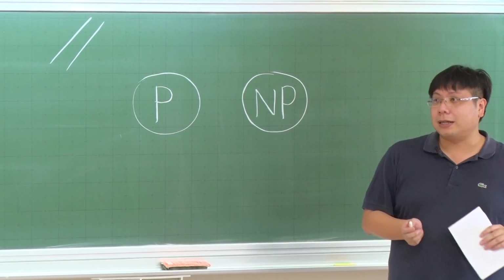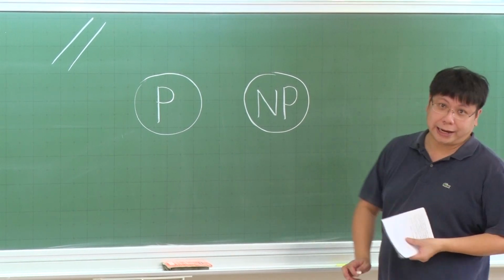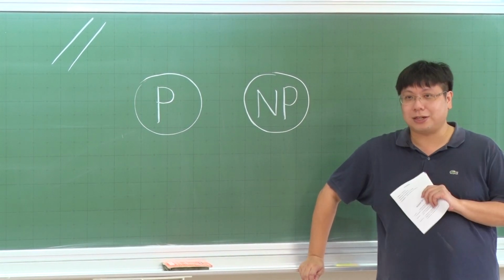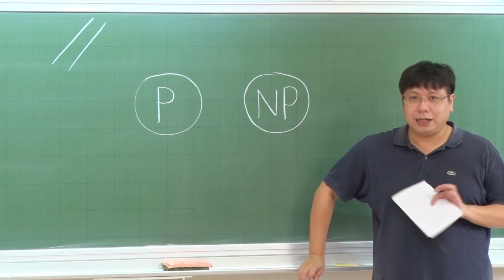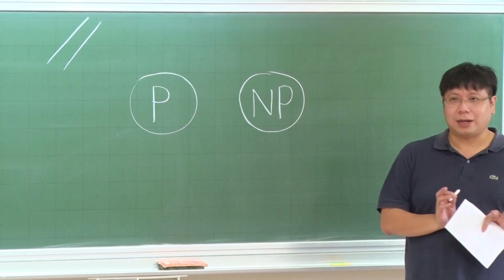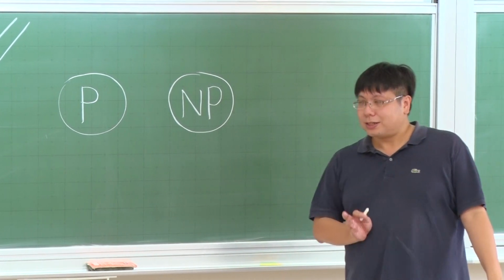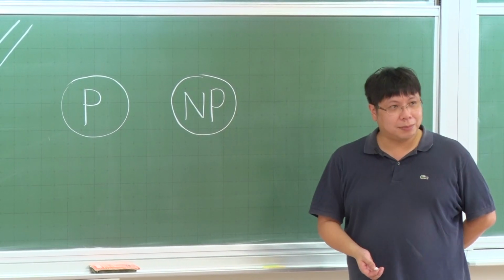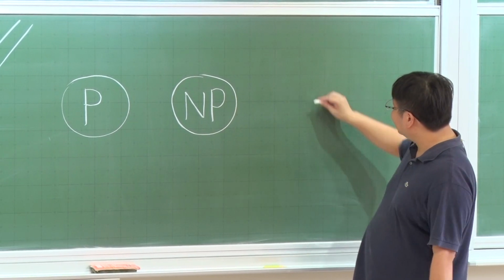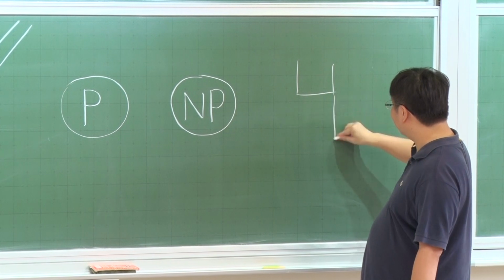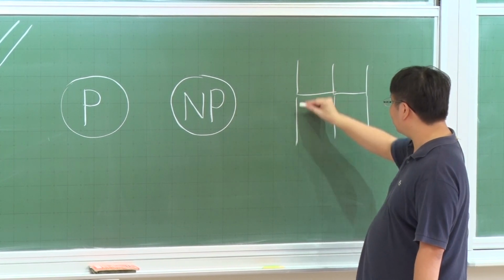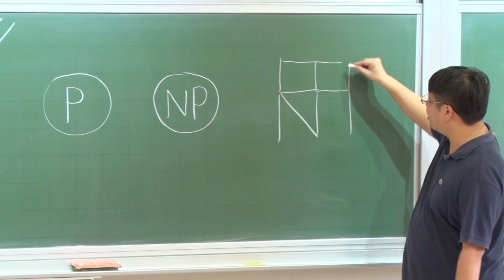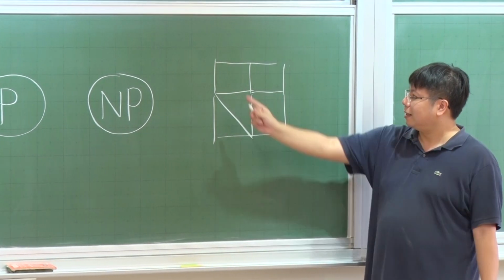There is also another group of problems where you can check. You just check whether the solution is correct, even though you don't know how to solve it. Okay, so for instance, a problem like this: you have a lot of road junctions. So these are, let's say, some roads.